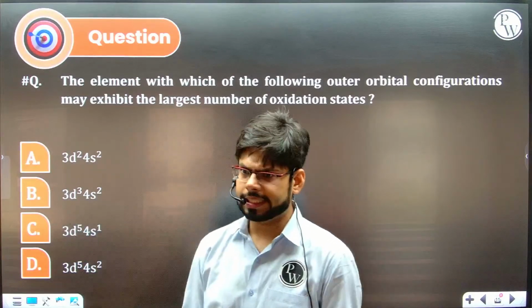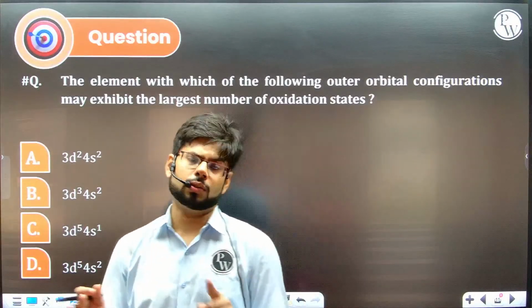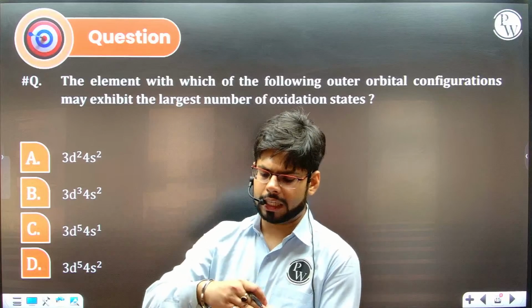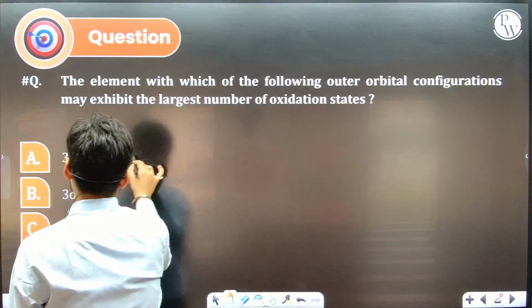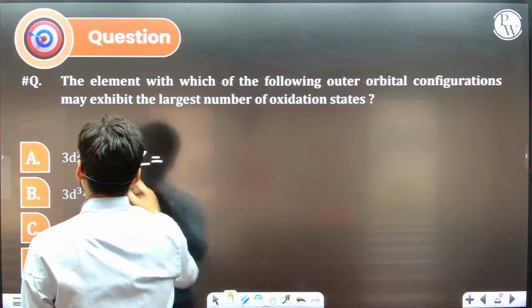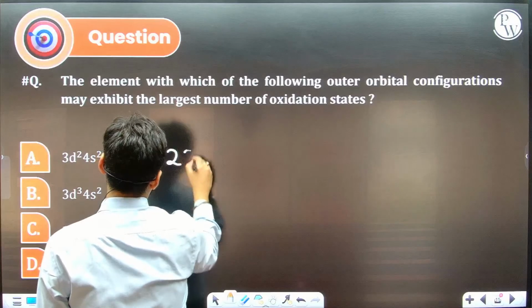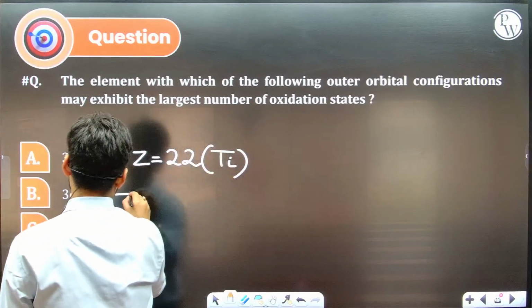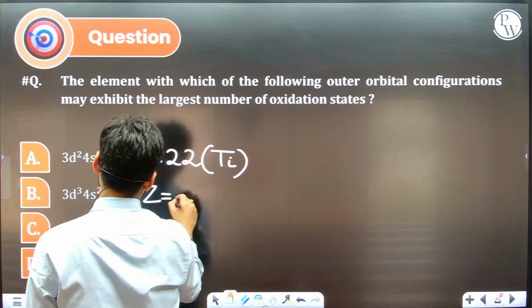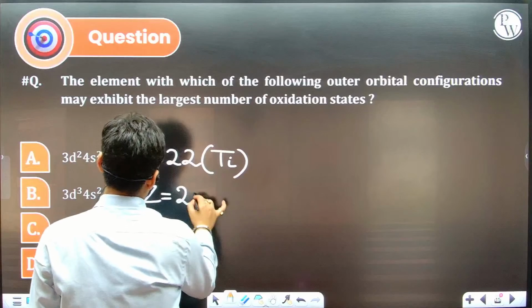The 3d series has elements from Z equal to 21 to Z equal to 30, that means from scandium till zinc. This is 22, so titanium. What about this? 23, vanadium.